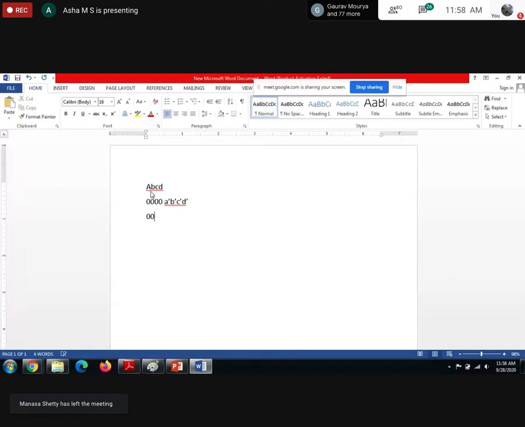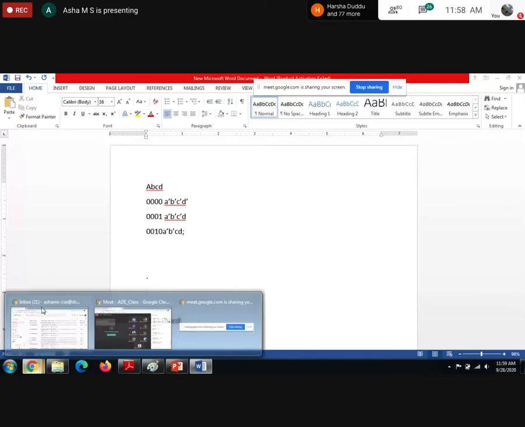Similarly, 0001 equals A dash, B dash, C dash, D. Similarly, 0010, how we will represent: A bar, B bar, C, D bar. The same way, 1111 is represented as A, B, C, D. This one we know, right? Any doubts in this?